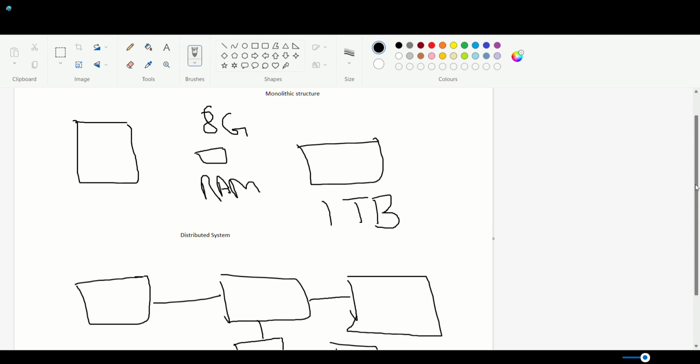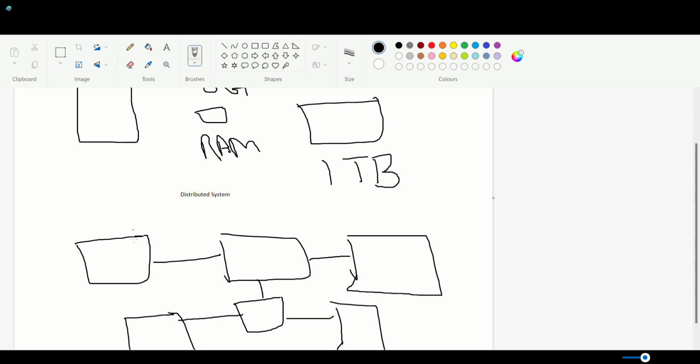Why is the distributed system going to be better? The reason is it uses a combination of multiple systems. There are a lot of computers you are going to use here, each with 2 GB of RAM and only 200 GB of data. But we are going to store the data here and process it. Because the number of systems is increased, the speed is also increased.